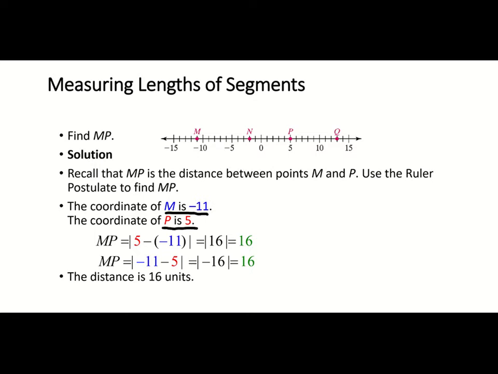So the way that we can find the distance is, again, we subtract the two values. They did one problem where they did 5 minus -11, which gave us positive 16. Absolute value of that would be positive 16. But then also they did it the other way. They did -11 minus 5, which gave us -16. And when you find the absolute value, it gives you a positive 16. So I like that they show both ways.